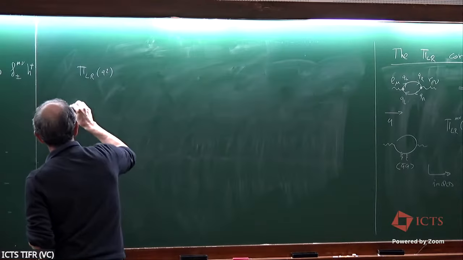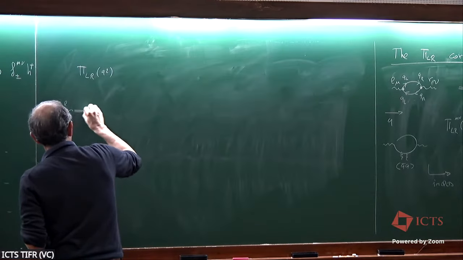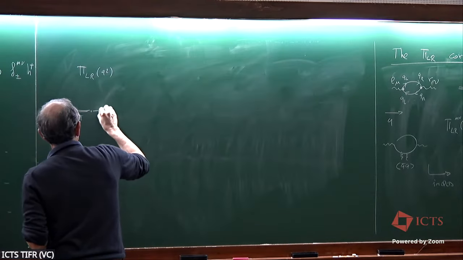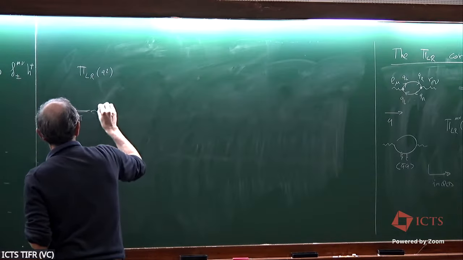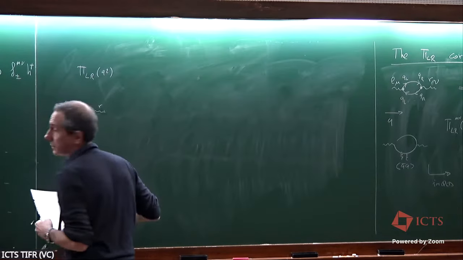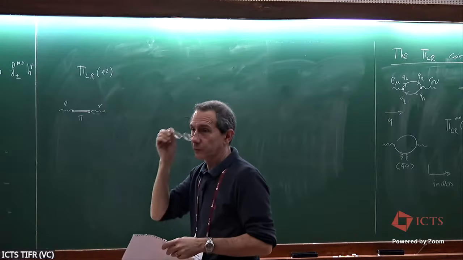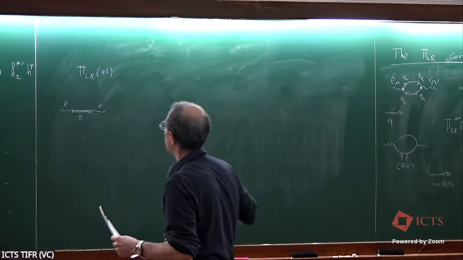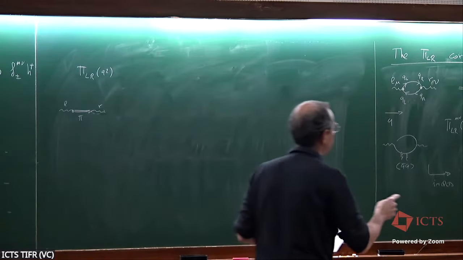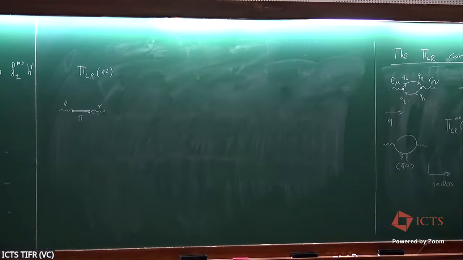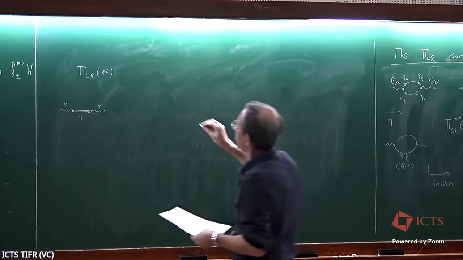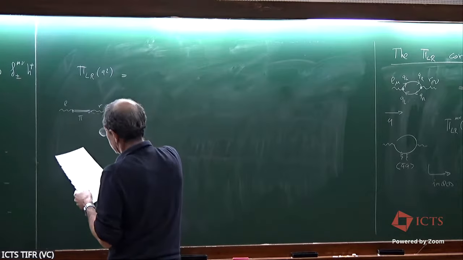The first term, as we discussed yesterday, is just this, okay? It's the simple pion exchange. Indeed, when you put the pion exchange, you compute, and then you remove the term there, then you get simply this.